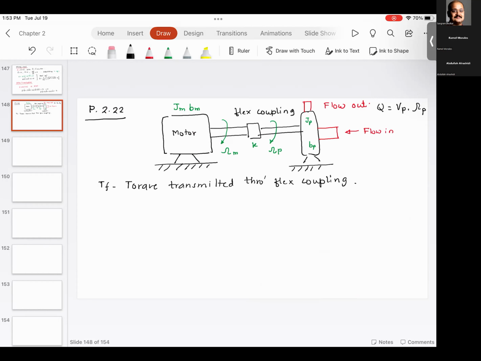So first and foremost, we have to apply Newton's law.